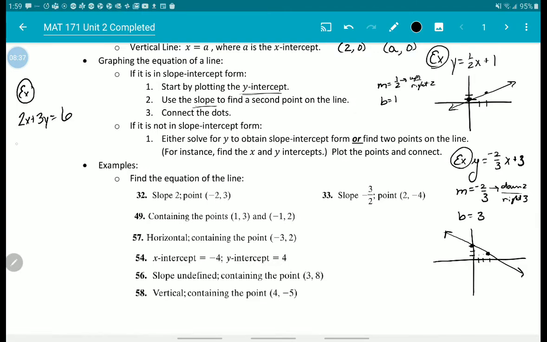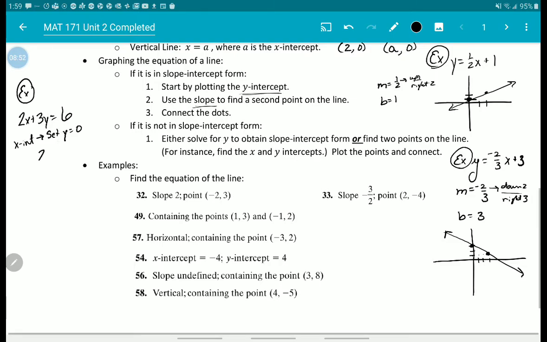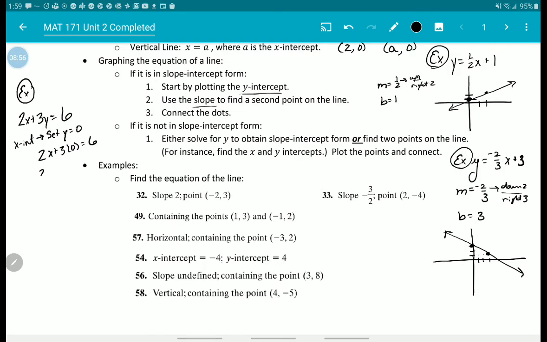That would be a great way to solve this. Let's find both of the intercepts. To find an x-intercept, we're going to set y equal to 0, and then we're going to solve it. So if we plug 0 in for that y, we have 2x is equal to 6, so x is equal to 3. So our point is (3, 0).